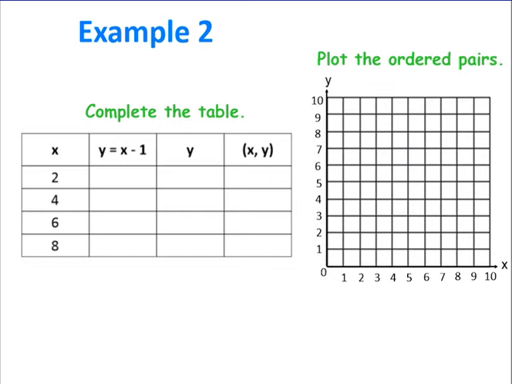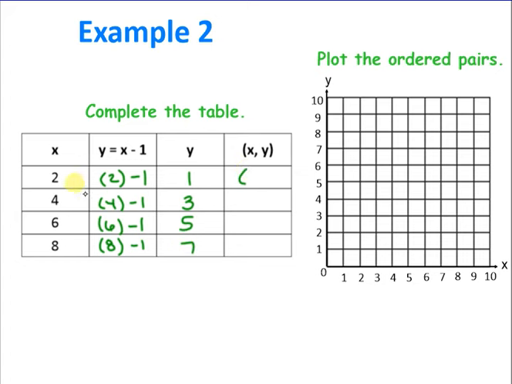Okay, example number 2, we're going to do the same thing. So we have 2 minus 1, 4 minus 1, 6 minus 1, and 8 minus 1. So 2 minus 1 is 1, 4 minus 1 is 3, 6 minus 1 is 5, and 8 minus 1 is 7.